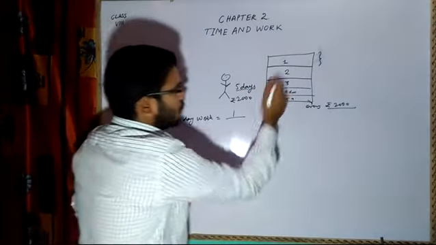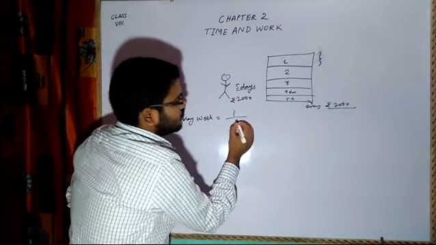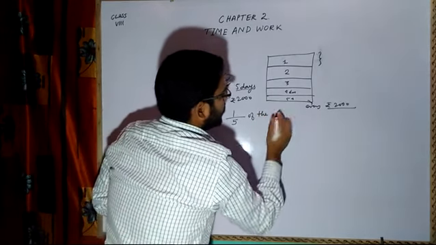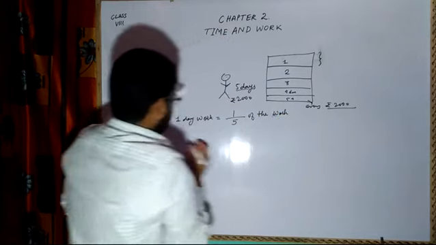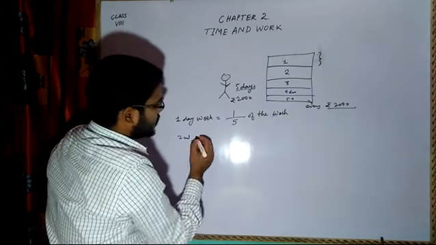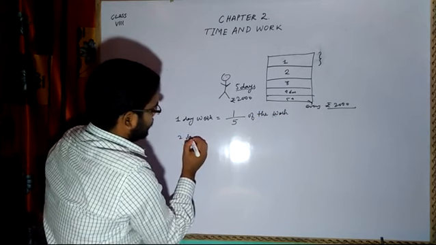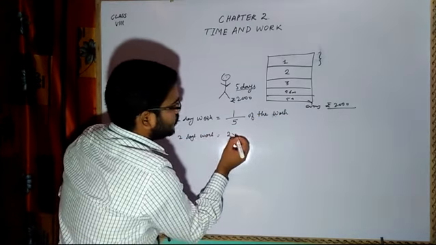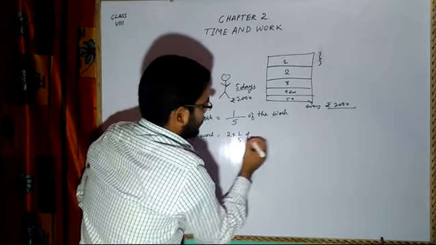So, in one day, how much part of the work is finished? He finished 1/5 of the work or the job. Two days' work will be equal to 2 into 1/5 of the work.